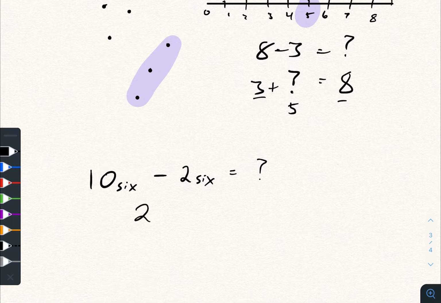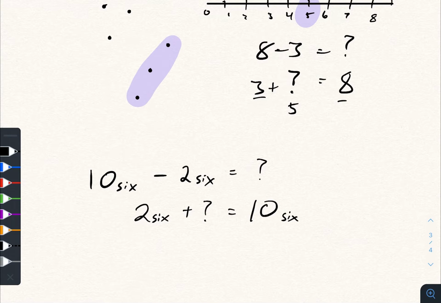So we're trying to solve the problem of 2 base 6 plus what is equal to 10 base 6. Okay, so if I wanted to think about this problem, knowing how to count in base 6 is pretty important, because a lot of times we'll be counting down when we're doing a subtraction approach, especially with a takeaway method.